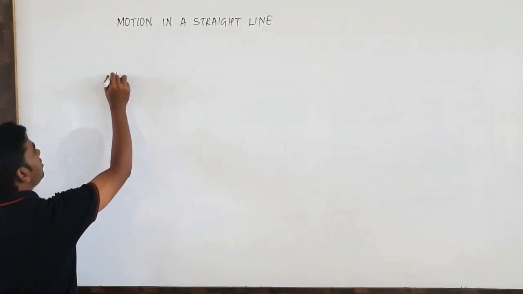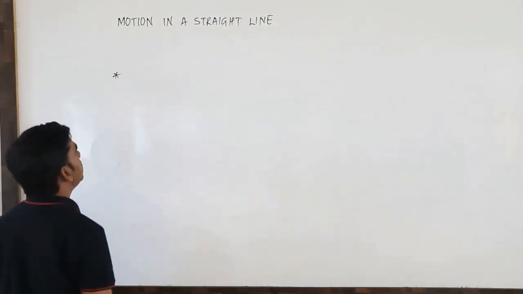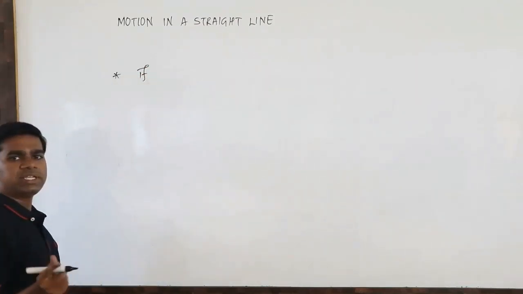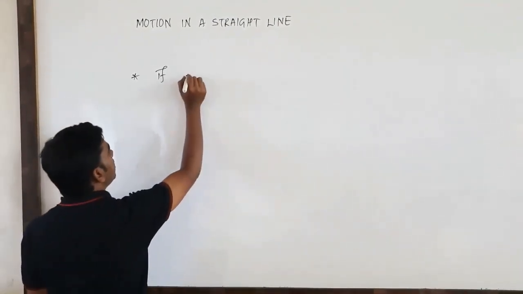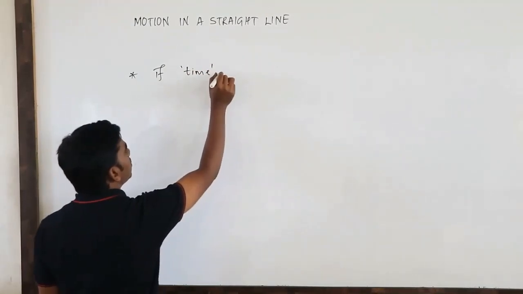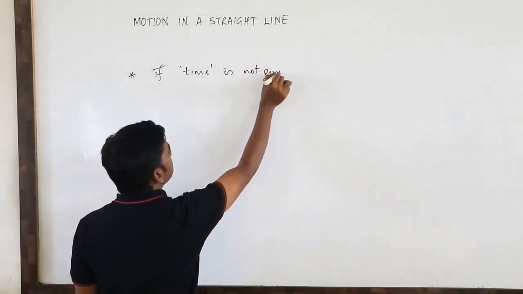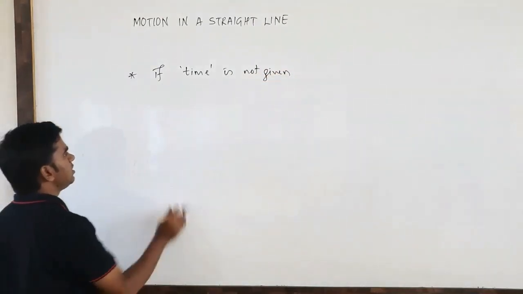In average speed, I will go with one more case. In the last case, what was not given? Distance was not given, time was given. Now, if time is not given and distance is given, then distance and velocities are given.